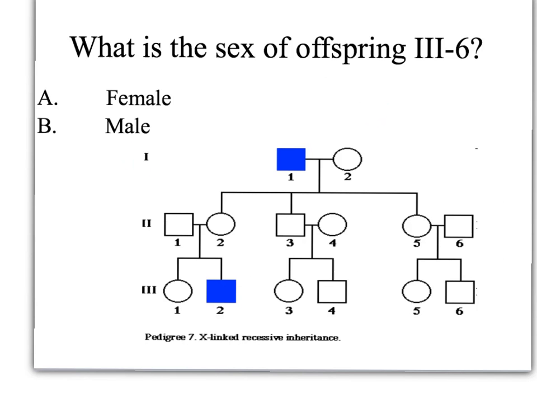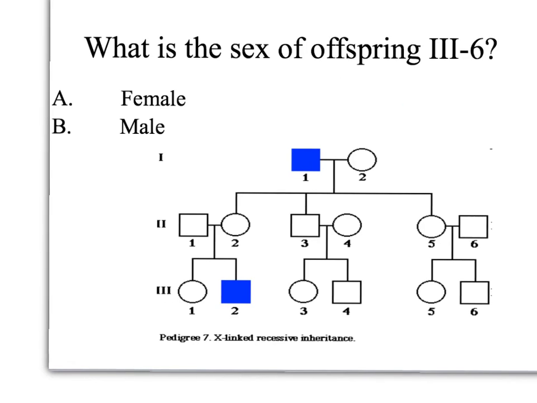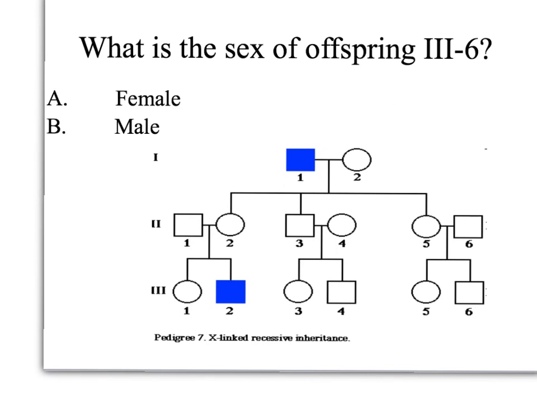Okay, next question. I want you to pause after I ask it before you find the answer. It's the best way to figure out if you know what's going on or not. I want you to figure out what the sex, gender, of offspring 3, 6 is. So we're looking at generation 3, offspring 6. Push pause, take a moment, figure it out, then push play.